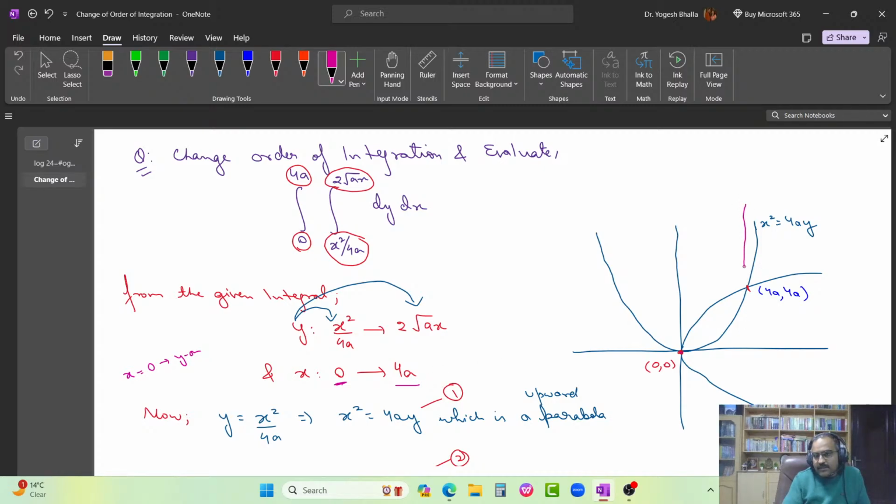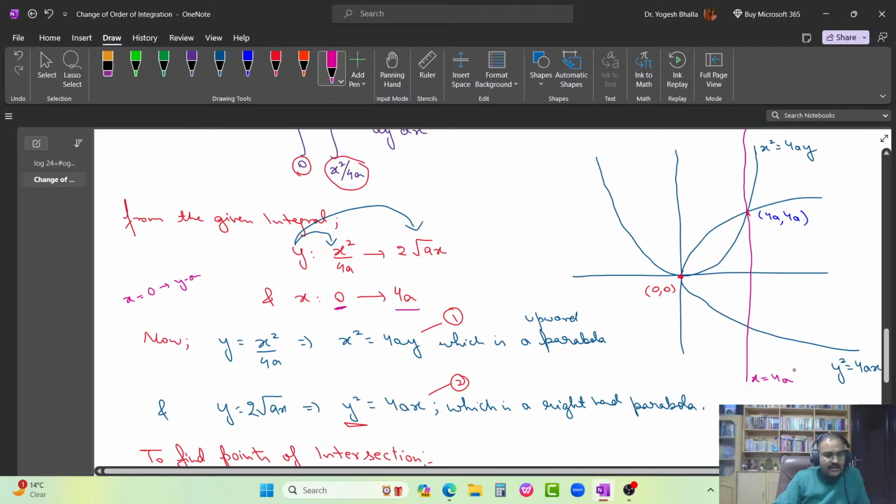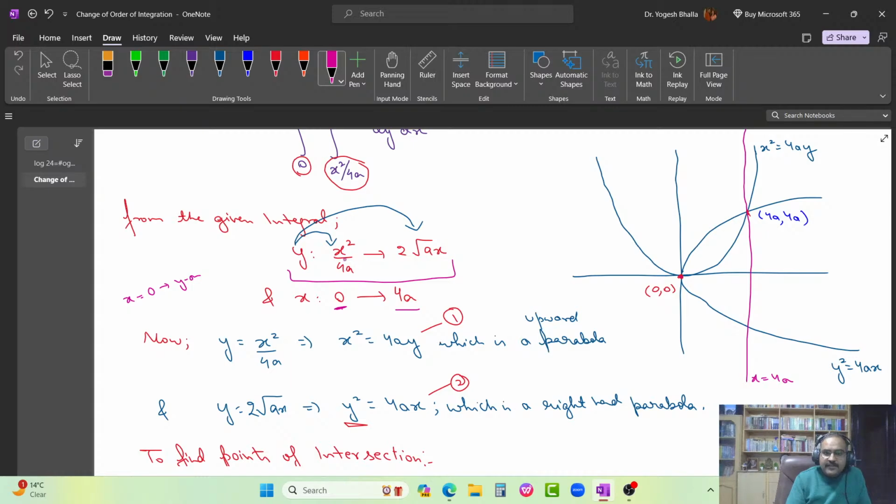So this is my line x equal to 4a. Now which area do I have to take? We have to check from this value. Y is varying from this parabola, x square is equal to 4ay, to 2 times root of ax, to this one.